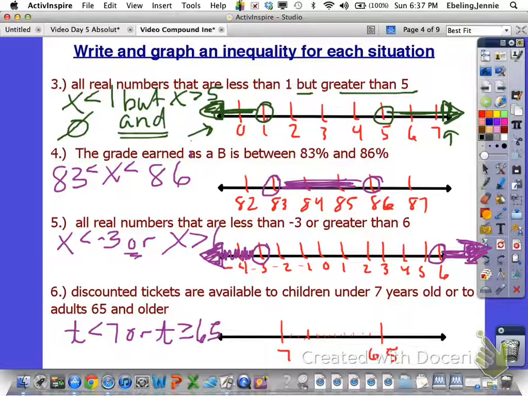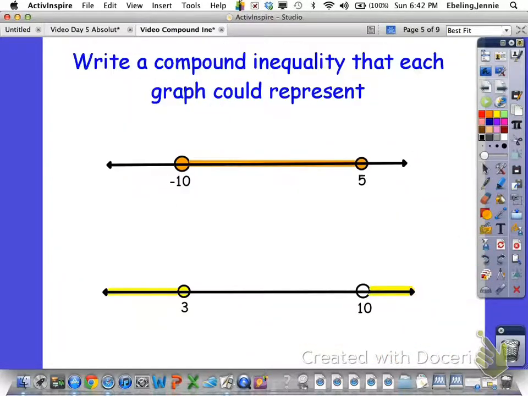Now since I had such a wide spread of numbers between the 7 and the 65, I just put the 7 and the 65 on my graph. So 7, open circle, doesn't include 7-year-olds, and then shade to the left. T is greater than or equal to 65, color in that circle, and then I want to shade to the right.